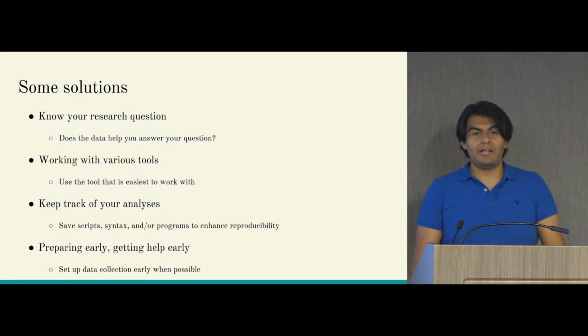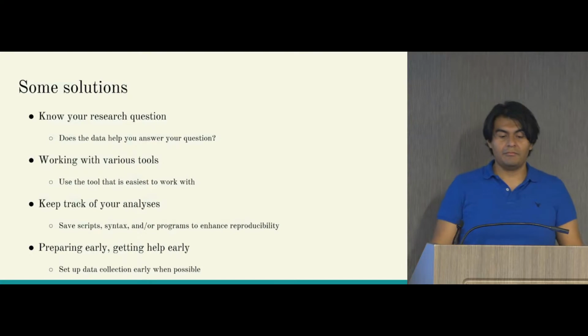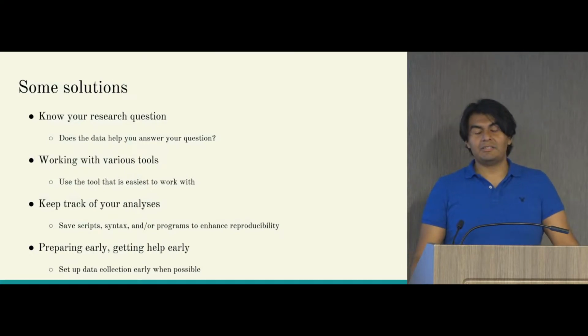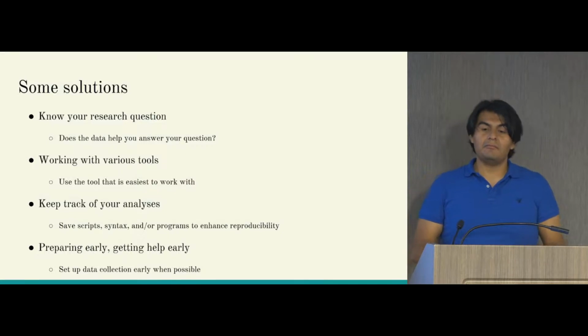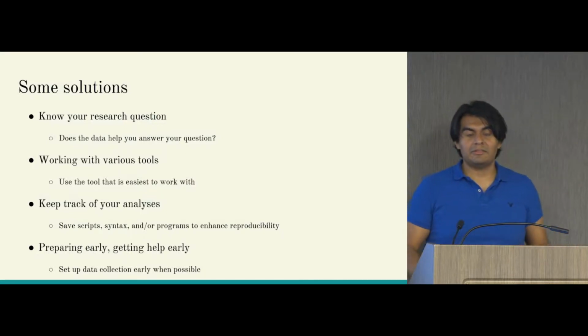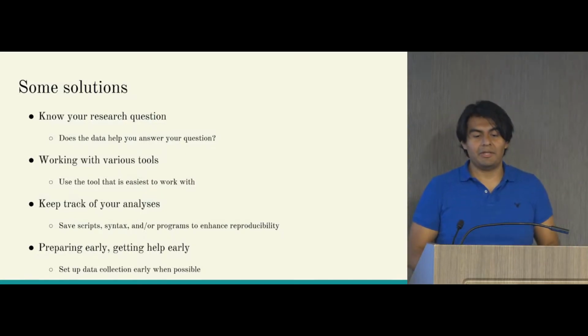If you're collecting data from the beginning, you want to make sure that your questionnaire or your measure is validated, in the sense that other researchers have used those items to answer a similar research question, or get to that topic that you're trying to get to.